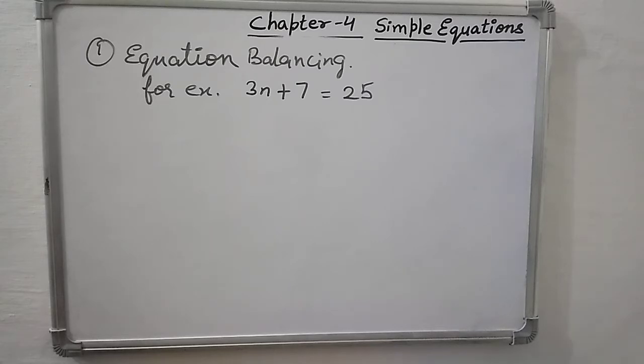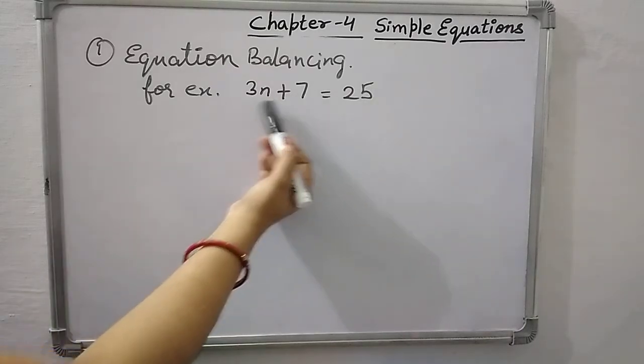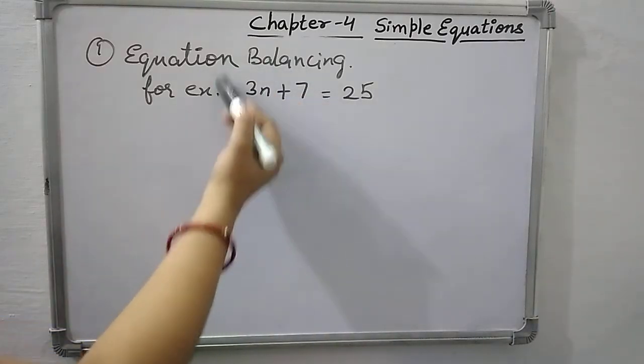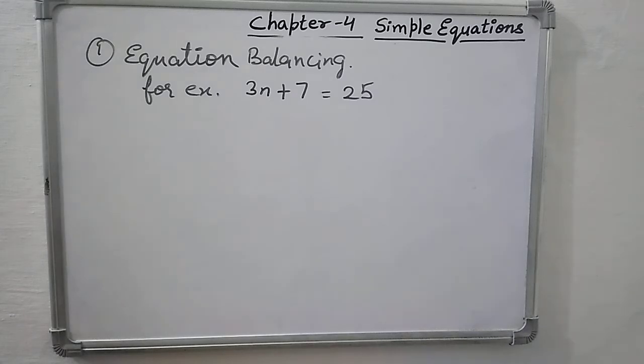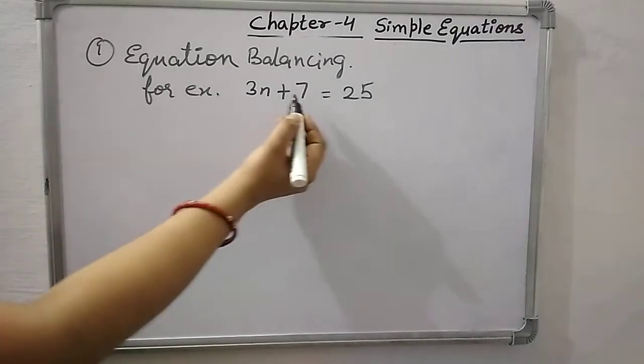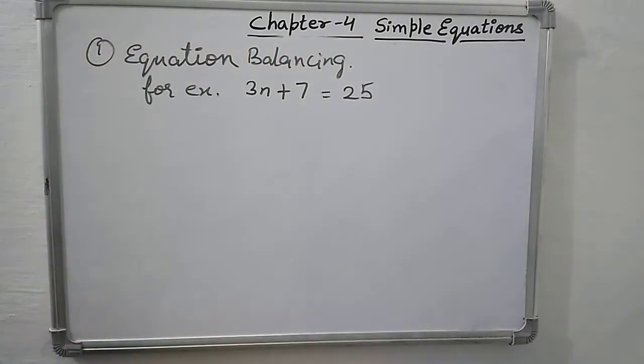Now in this method, what we will do, we will add or subtract numbers according to the constant values given along with the variable, because to find out value of variable or solution to equation, we have to separate our variable from these constant values.